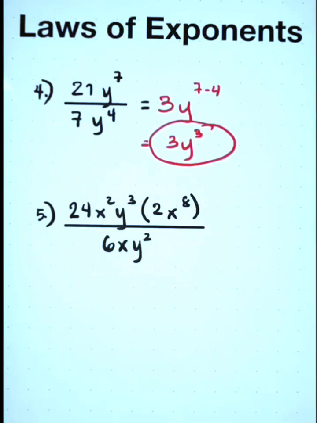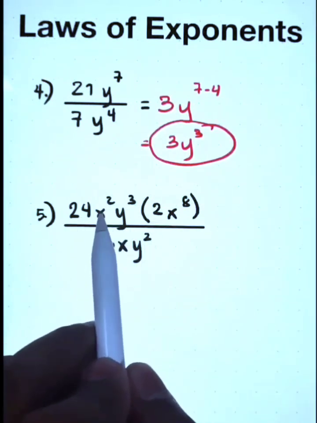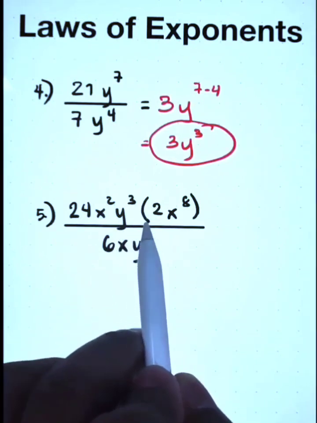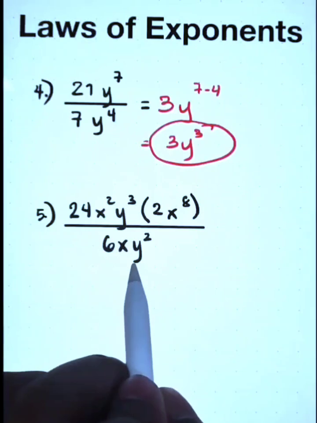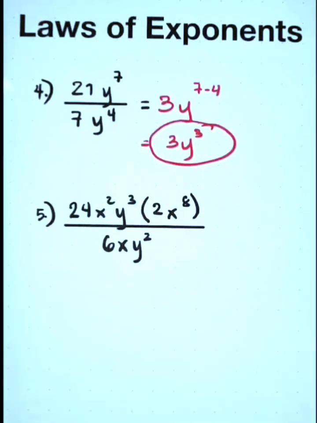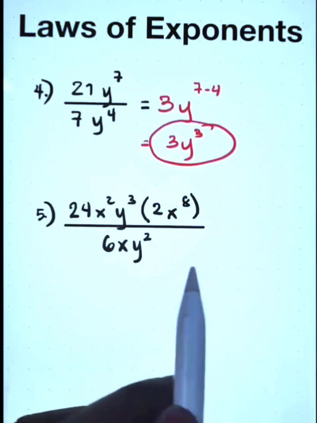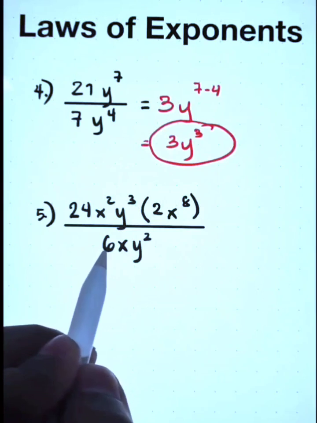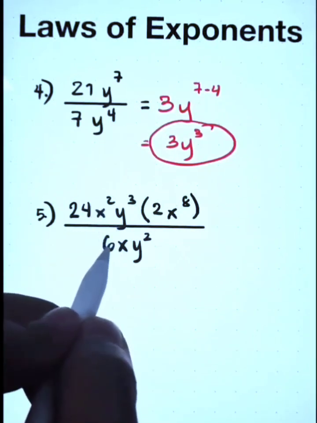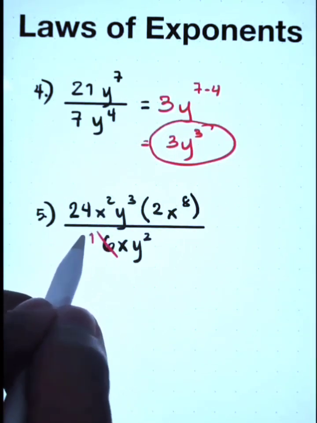Now, last one. For number 5, we have 24 x raised to 2, y raised to 3, times 2x raised to 8 over 6x y raised to 2. Now, there are different ways to do this, but in this case, what I want to do first is to simplify 24 and 6, because they have the GCF of 6. 6 will be cancelled out, and it will become 1.